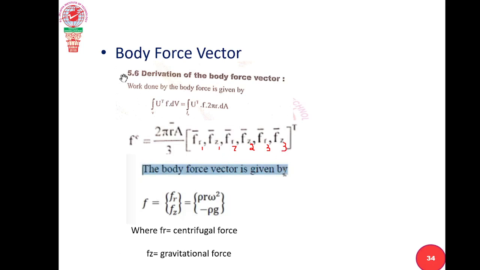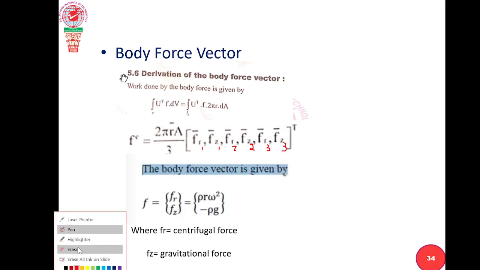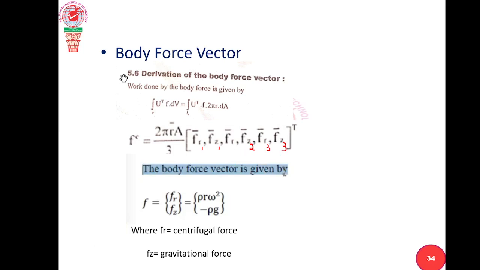This is transpose. Usually it is a vertical column matrix, but they wrote it like a row matrix. That's why they use T.